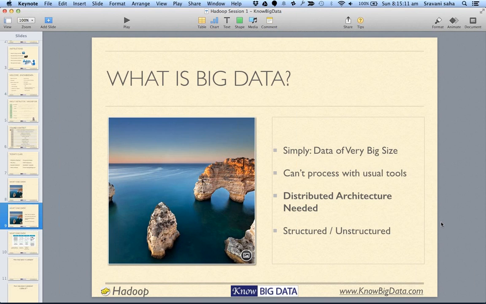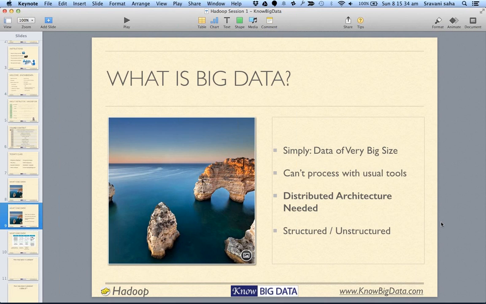What does structured mean? When in the data you know exactly what fields are there and what is the data type of each field. For example, a database table: you know exactly what the fields are, as in what the columns are, and what their data types are. That is structured.